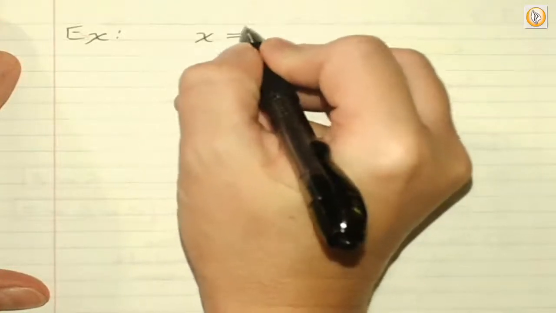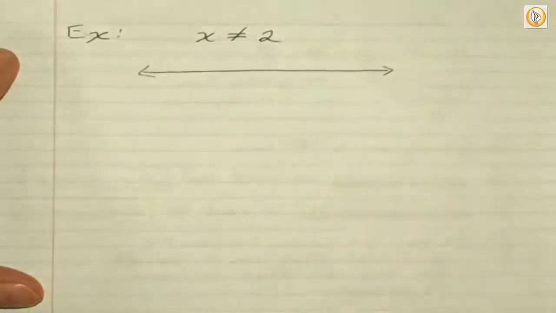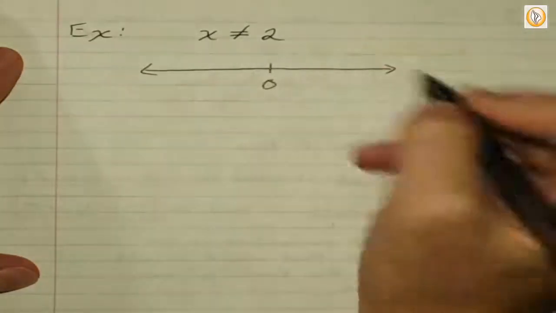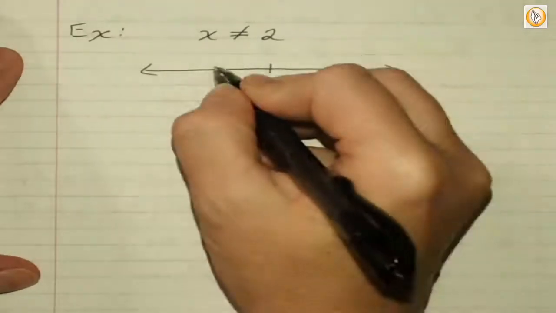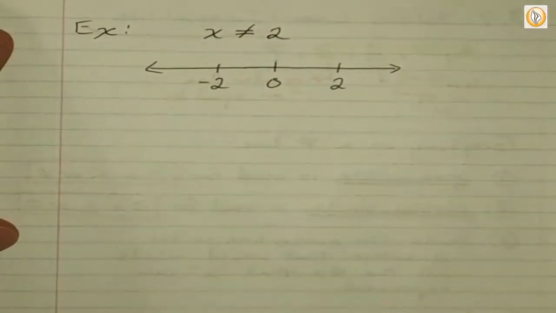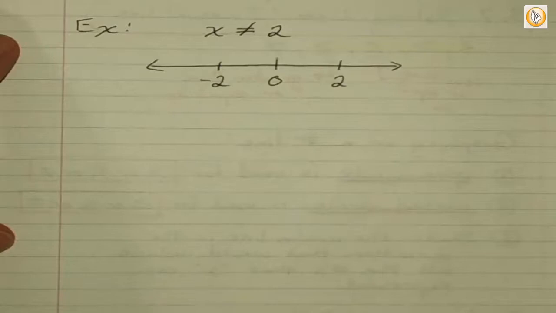x does not equal 2. All right, so we have our 0, we have our 2 and negative 2. Kelly, open or closed circle?